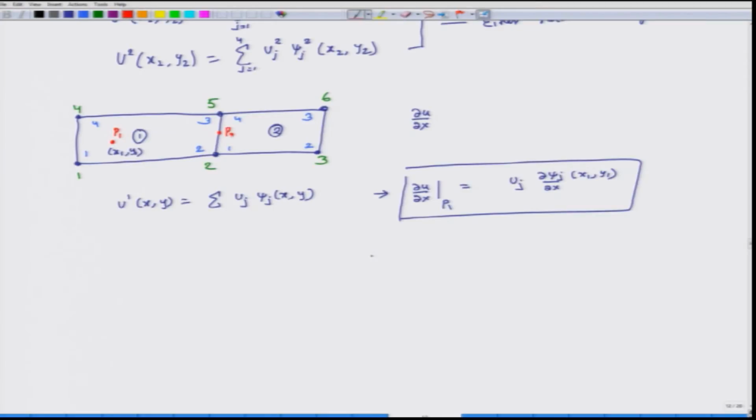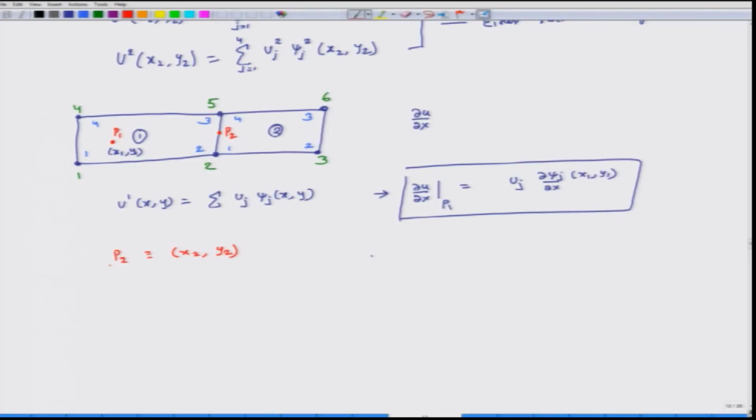Now, suppose this is point P2 and point P2 is x2, y2. Now, I again have two options. I can compute from element 1 and I can compute from element 2.